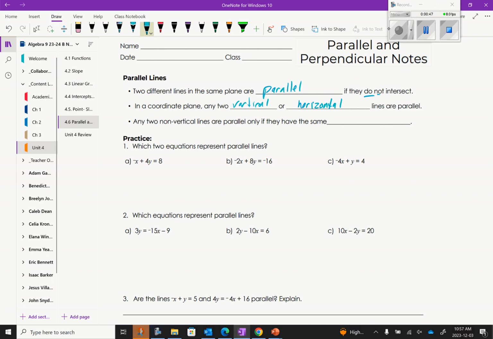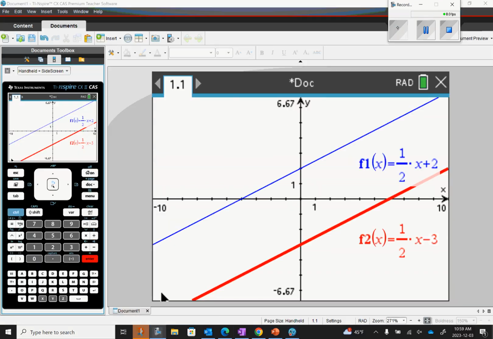What happens if they're not vertical, if they're not horizontal? Two non-vertical lines are parallel if and only if they have the same slope. Taking a look at my fancy calculator here, hopefully you can tell that the blue line and the red line are parallel to one another.